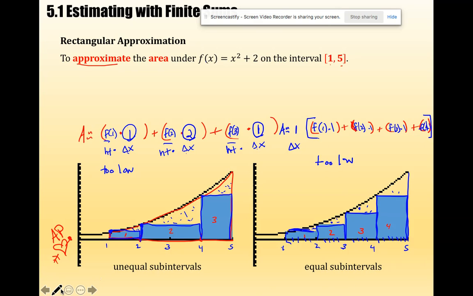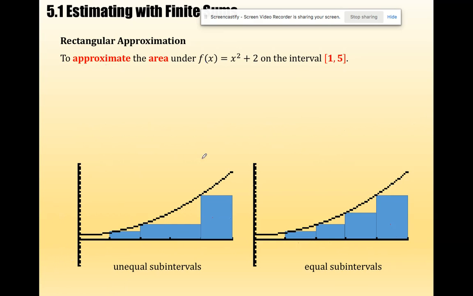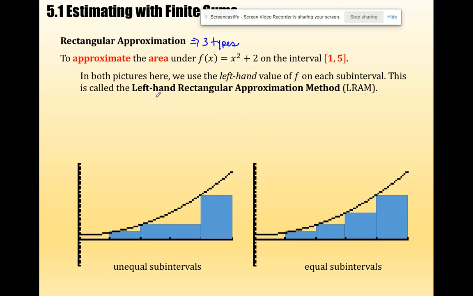Now, this particular rectangular approximation, this time I am going to erase the pen. There are 3 types of rectangular approximation. We just did one of them. We did something called the left hand, or just left rectangular approximation.